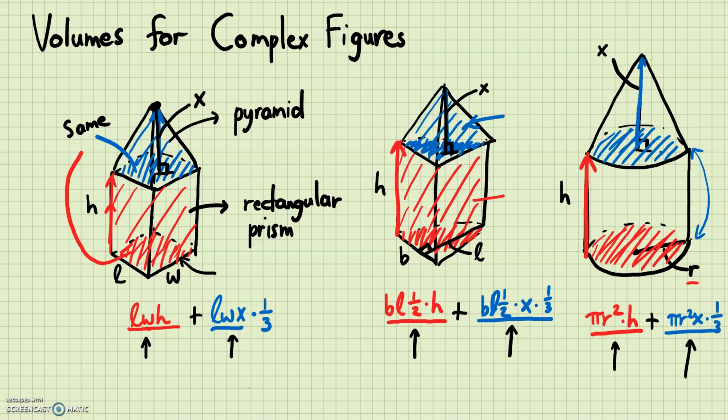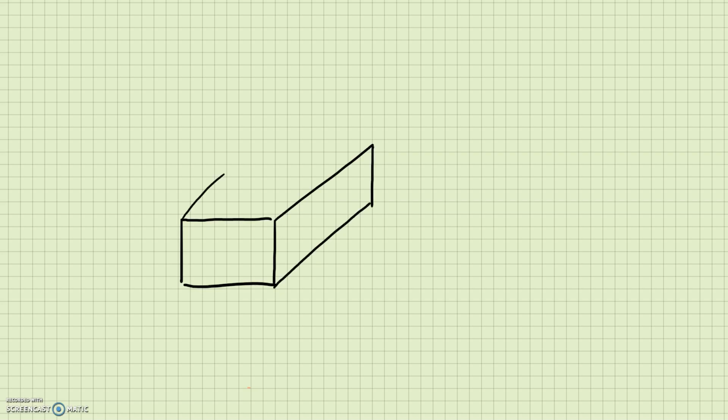Even if you see a figure that looks different from this, just as extra practice, let me draw a house here. It's a very simple looking house, and the roof is going to look something like this.